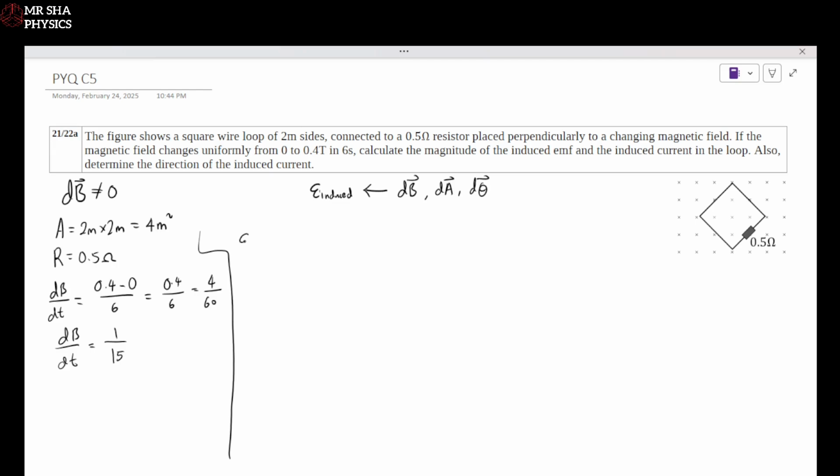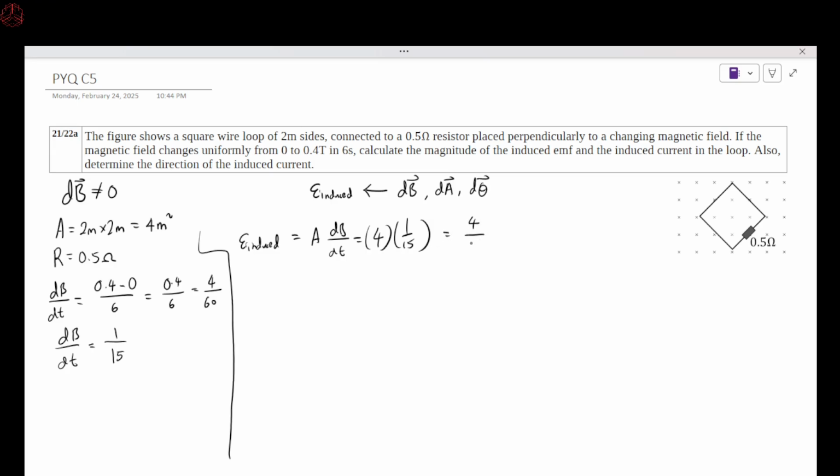So if I were to determine the induced EMF, because this is a single loop, right? This is just a single loop, you don't have multiple turns, then your induced EMF is just your A times your dB over dt. This is your magnitude of your induced EMF. So then you have 4 times 1 over 15.